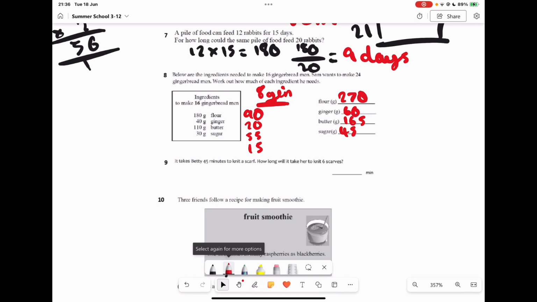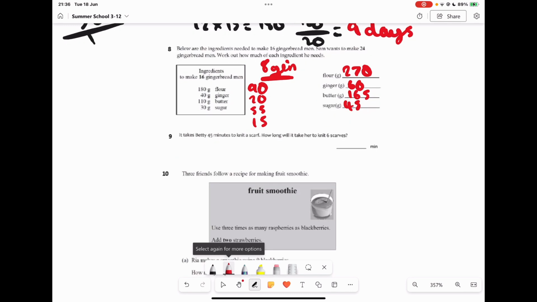Okay. Question 9. It takes Betty 45 minutes to knit a scarf, so how long will it take to knit 6 scarves? How we're going to do this is take 45 minutes to knit 1 and simply multiply that by 6.